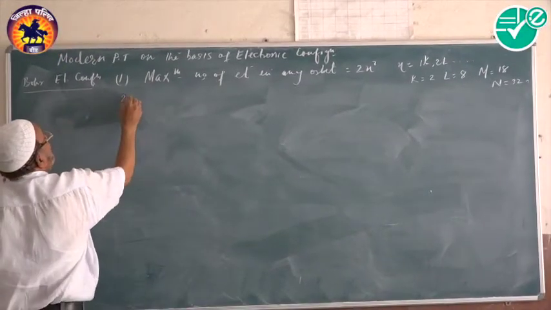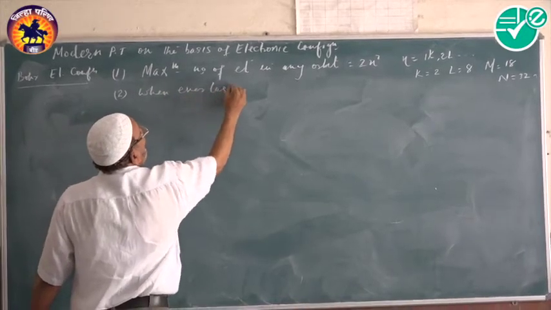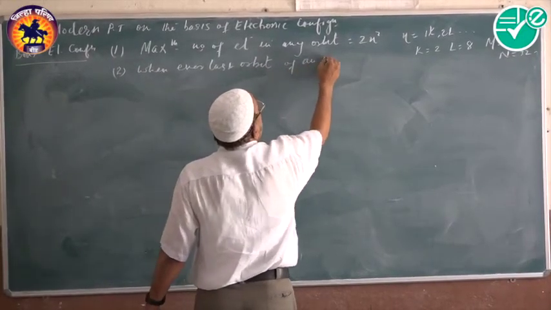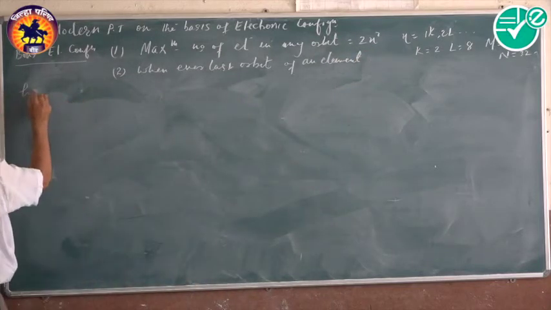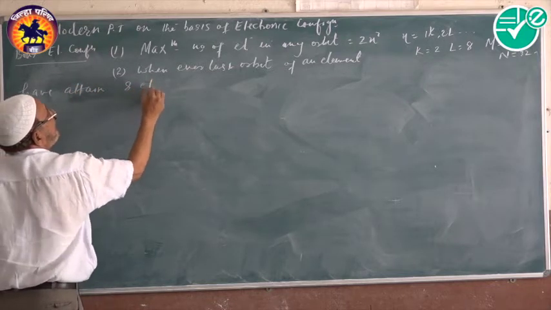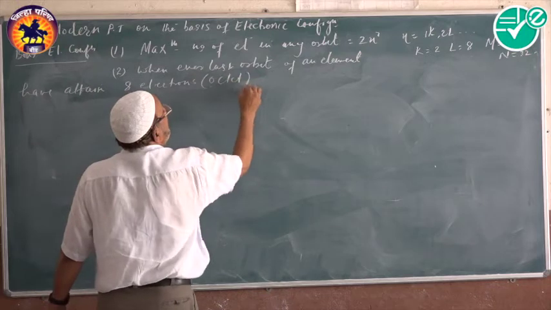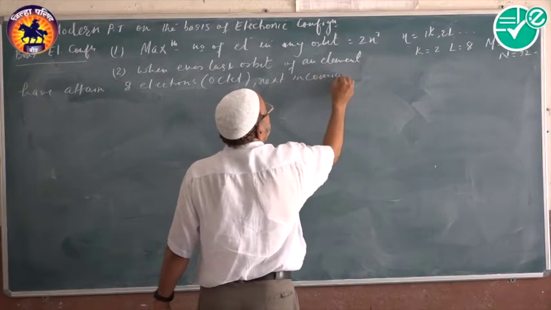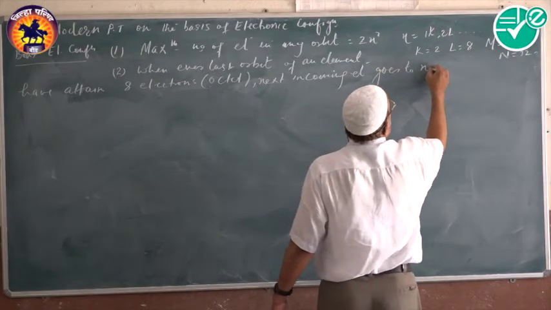Number 2: whenever the last orbit of an element has attained 8 electrons, the next incoming electron goes to a new orbit.